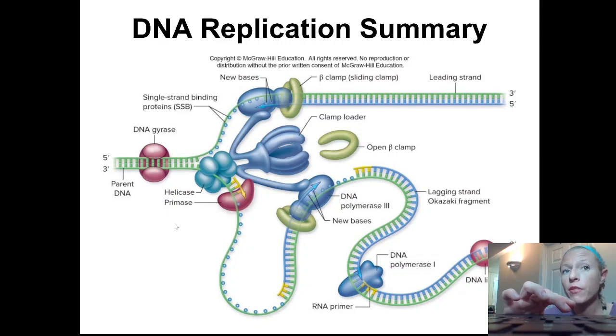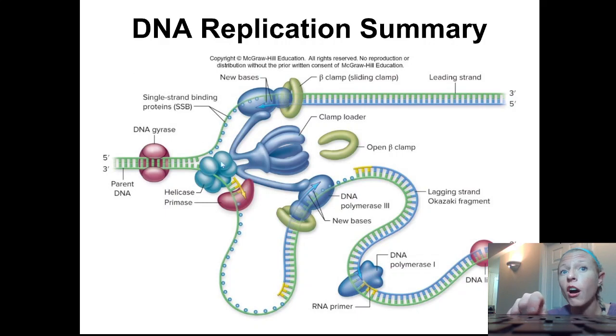Then remember that primase adds RNA primers. So that means for the leading strand, if we're adding in the 5' to 3' direction, we can just continuously add those primers and synthesize that strand, and we are good to go.